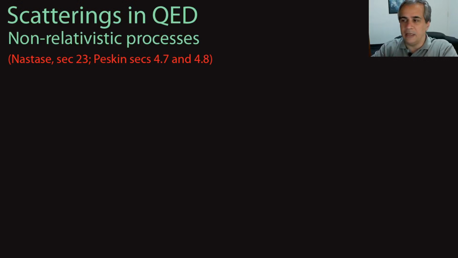And in that case, we could, in principle, look at what potential. Remember, one way of looking at scatterings in quantum mechanics is to look at the scattering by a potential, right? You just put one particle being scattered by an external potential.